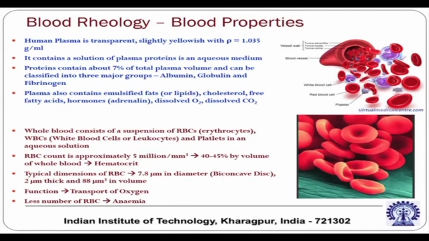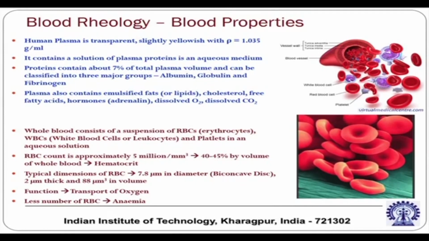Proteins contain about 7% of the total plasma volume and can be classified into 3 major groups: albumin, globulin and fibrinogen. We discussed fibrinogen and its importance in the context of the constitutive behavior, that if you take away the fibrinogen, the T star component will go away. Plasma also contains emulsified fats or lipids, cholesterol, free fatty acids, hormones, dissolved oxygen, dissolved carbon dioxide. So, this is the plasma composition.